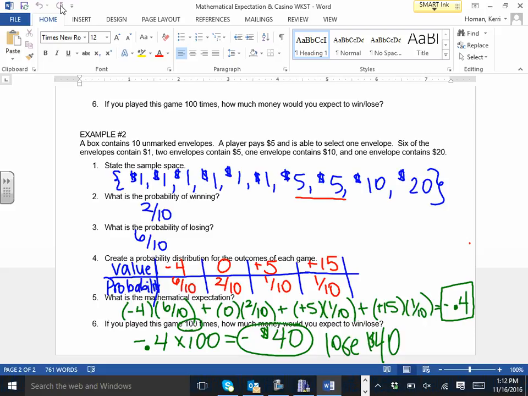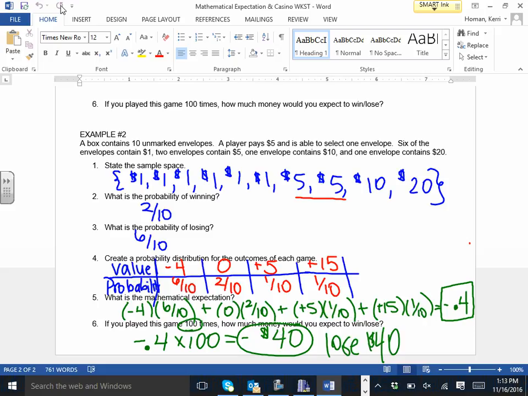Now, let's talk about a fair game. What would be considered a fair game? 50-50 chance. Well, let's think of it as mathematical expectation. I like where you're going with the 50-50, but a fair game would be more that you are expected to break even every time. The dealer's not making money, you're not losing money.